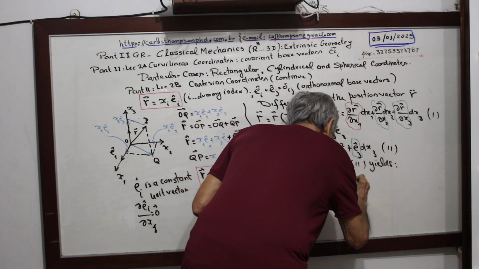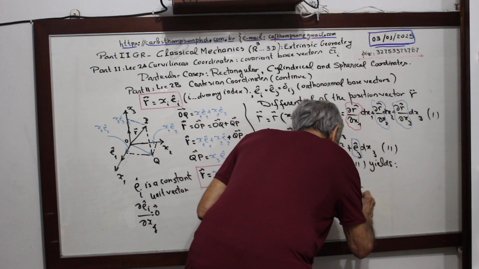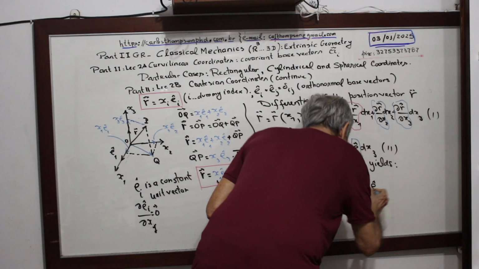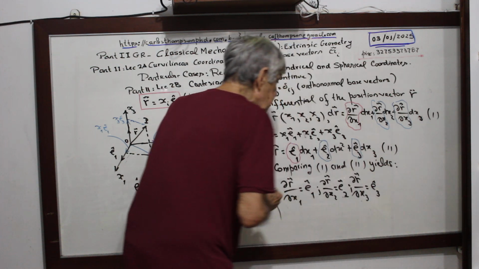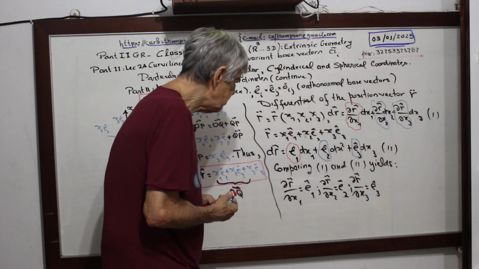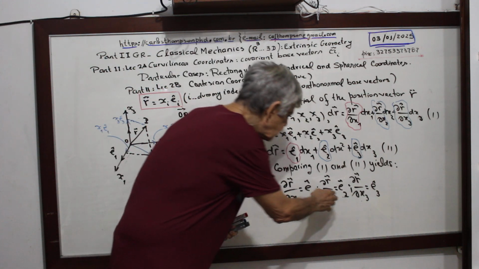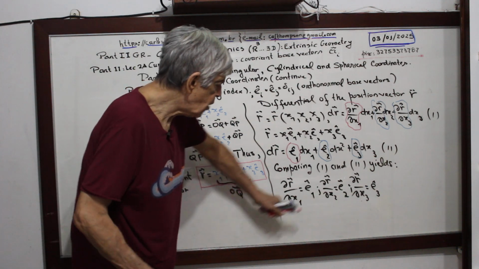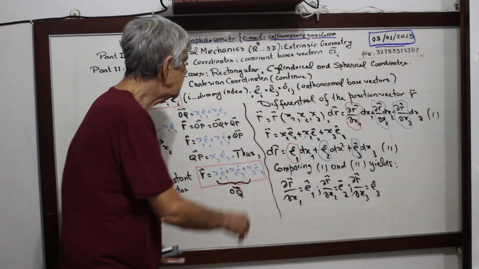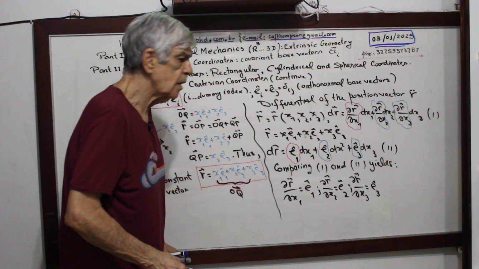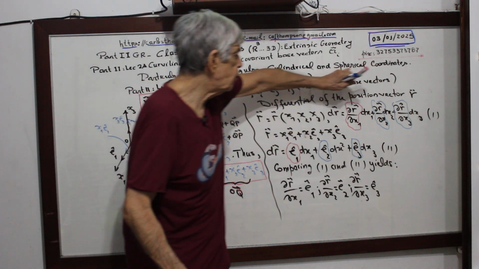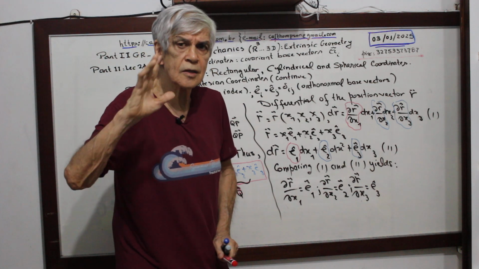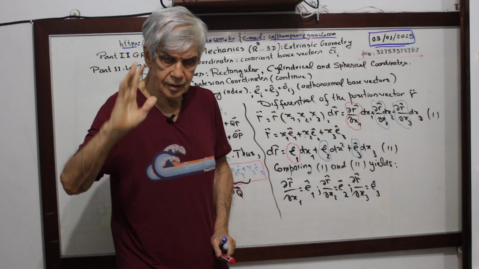And partial r with respect to x3 is e3. This is a very, very, very important result. Because I will use this in cylindrical coordinates, in spherical coordinates, and also in the generalized coordinates.